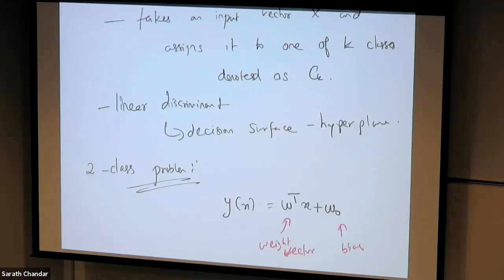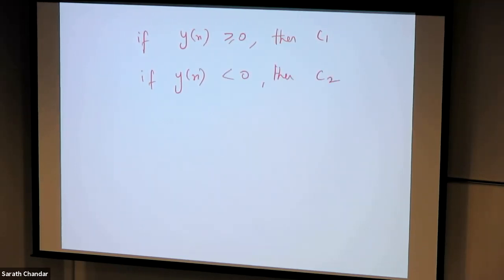Now we need a way to tell what class it is, and there is no probability here, right? So this is a non-probabilistic model. One way to do that is if y of x is greater than or equal to 0, then we say it's class 1, and if y of x is less than 0, then we say this is class 2, right?